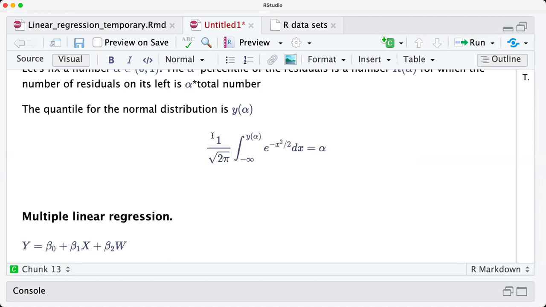So y alpha is said to be the alpha percentile of the normal distribution.